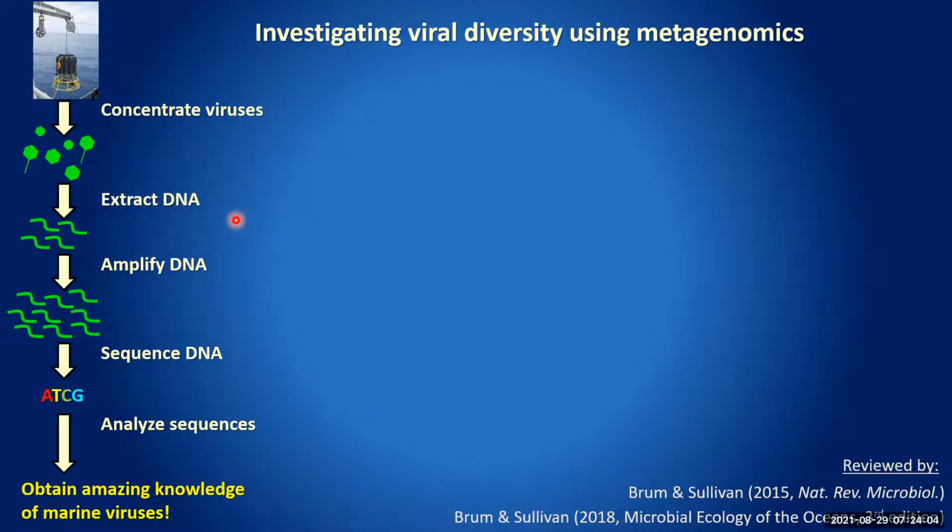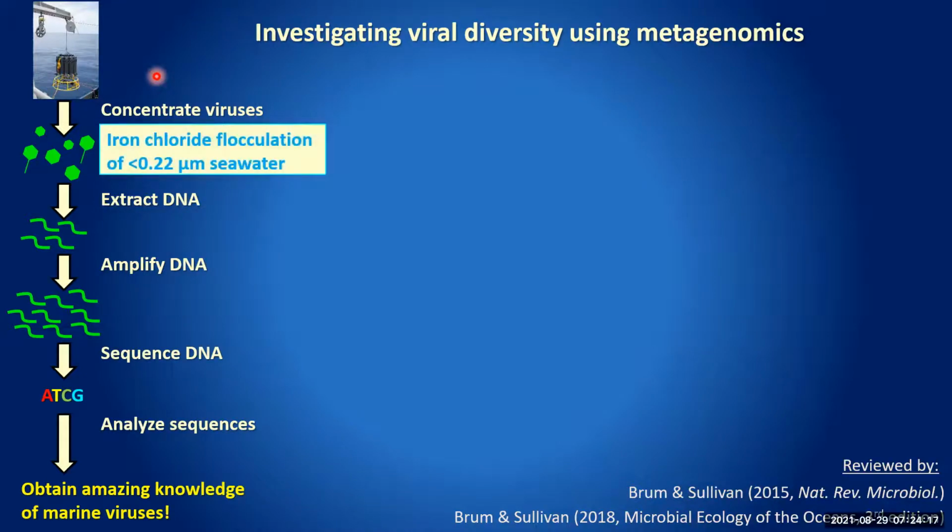So I'm showing you the general path of metagenomics here on the left. Our first step is to obtain some seawater, and then we're going to concentrate viruses from that seawater. We use iron chloride flocculation to get the viruses to stick together based on that iron chloride addition. So now we have our concentrated extracellular viruses.